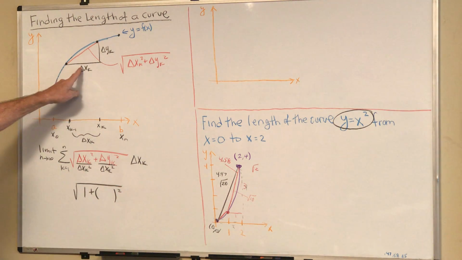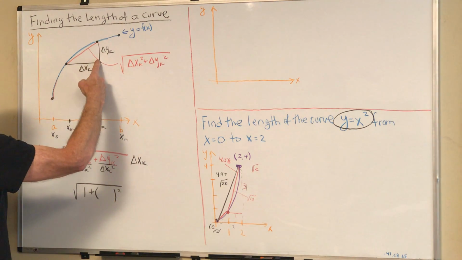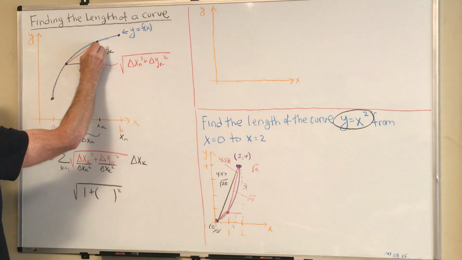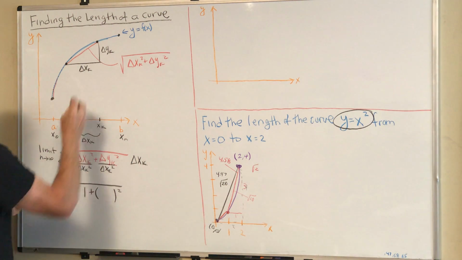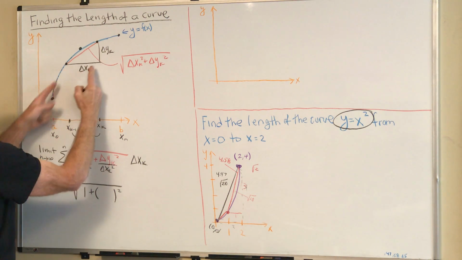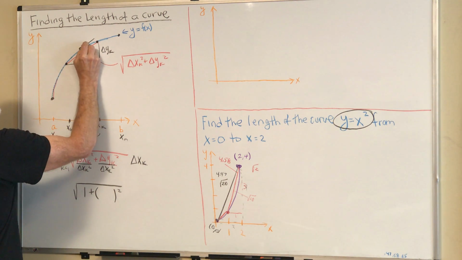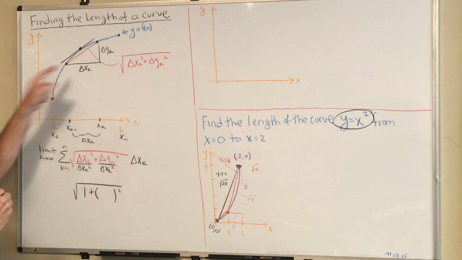But now we have to go back to here. What do I know about delta y sub k over delta x sub k? That's the slope of this line. Well, the mean value theorem says there has to be some place between here and here where the instantaneous rate of change equals this average rate of change.